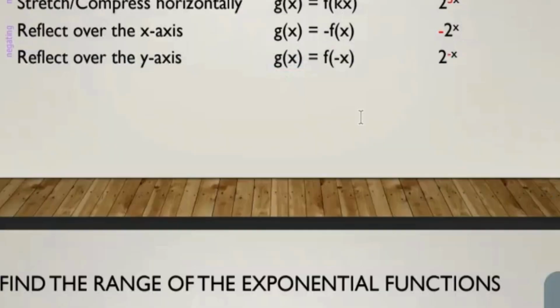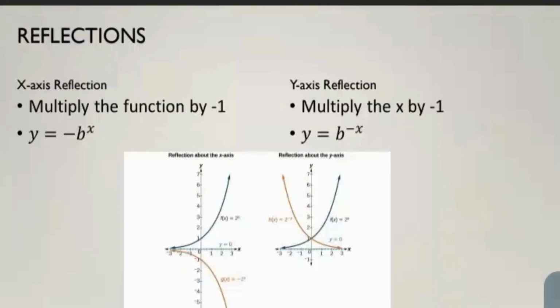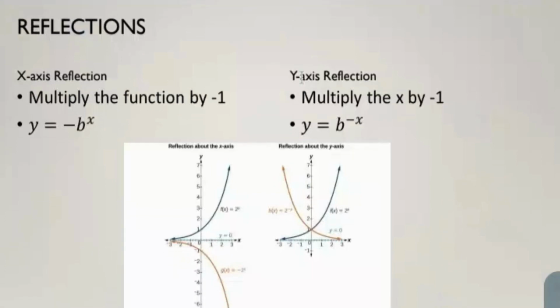So we also have another page for that. Reflection across the y-axis. Multiply the x by -1, sorry. So essentially, moving that minus sign.